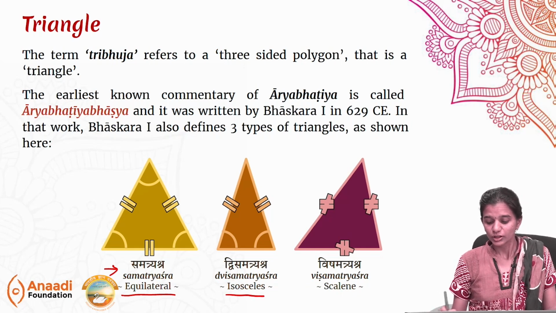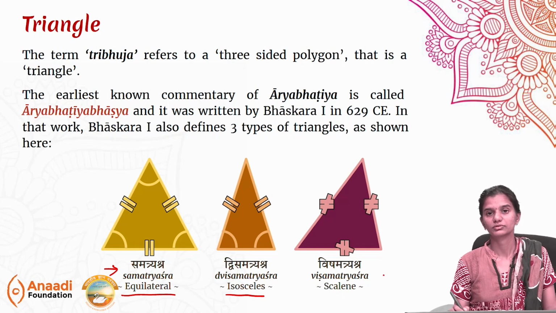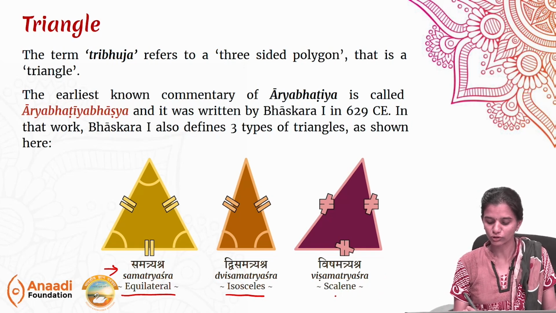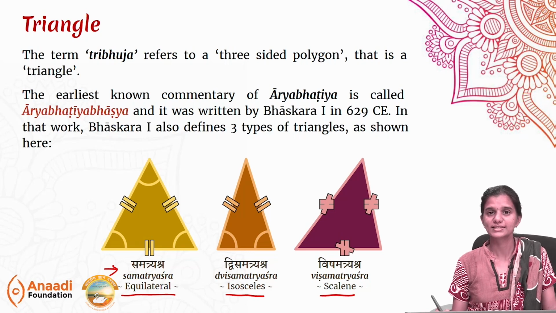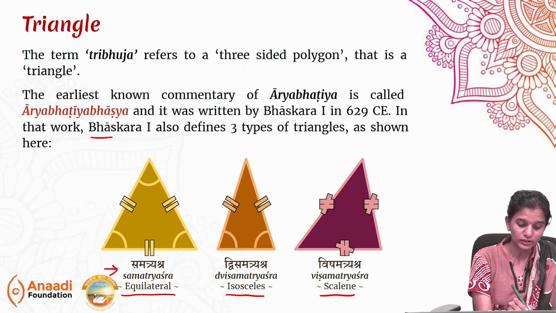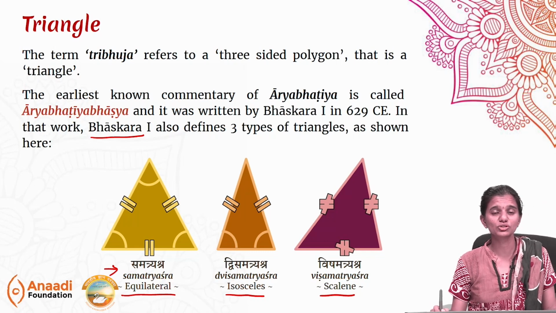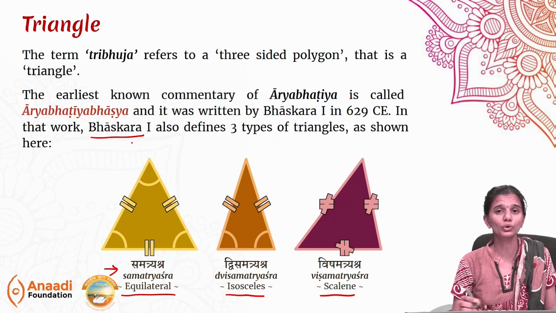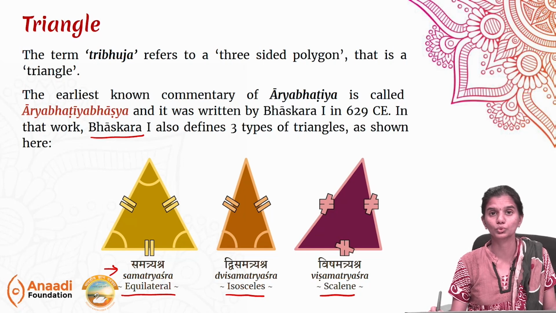Then, Vishamatriashra, which means all the 3 sides of the triangle are not equal. It's called a scalene triangle. Remember, this Bhaskara I is different from the 12th century Bhaskaracharya who wrote Leelavati. Hence, this is Bhaskara I and the one who wrote Leelavati is Bhaskara II.